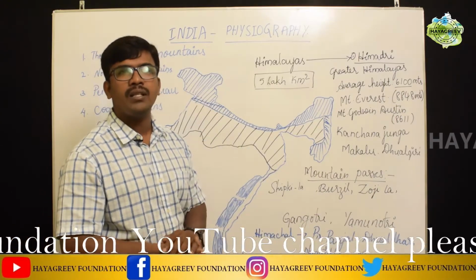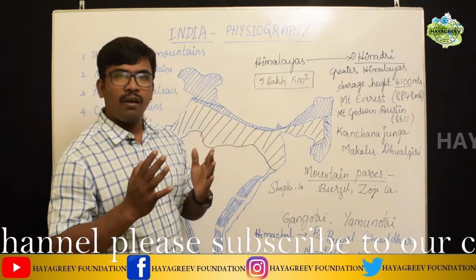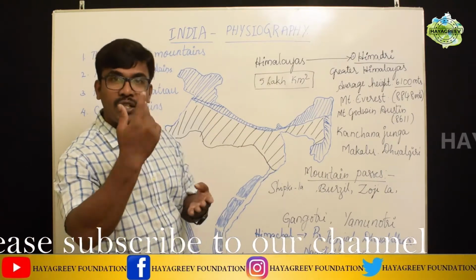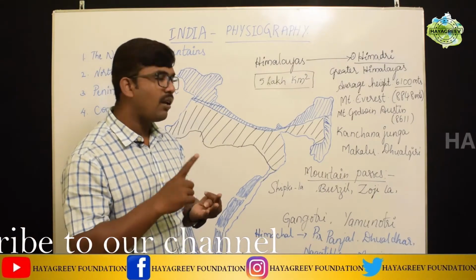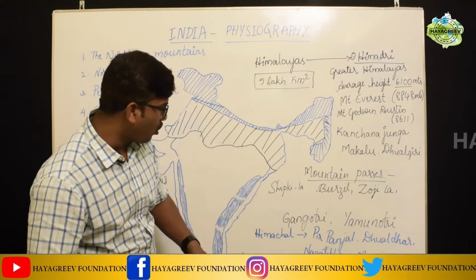Many glaciers are found in the Himadri. Glaciers are seen in mountain ranges or in polar regions. The important glaciers are Gangotri, the birthplace of the river Ganga, and Yamunotri, the birthplace of the river Yamuna. Many glaciers are found in the Himadri. Students, in the Himadri we learned about the highest peaks, mountain passes and glaciers. Then let us go to Himachal.